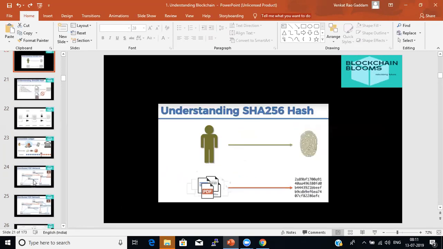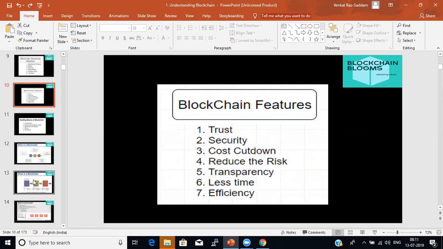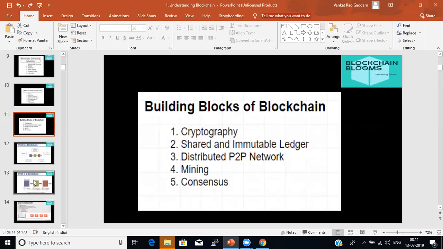Coming back to the main building blocks of the blockchain, the togetherness of all these things we call blockchain. We are applying cryptography algorithms for data security, and we are also using immutable ledgers.